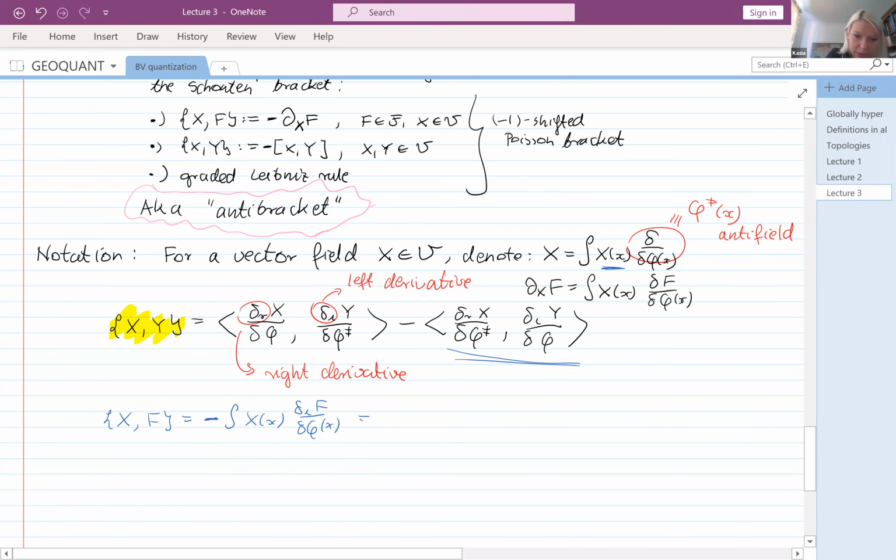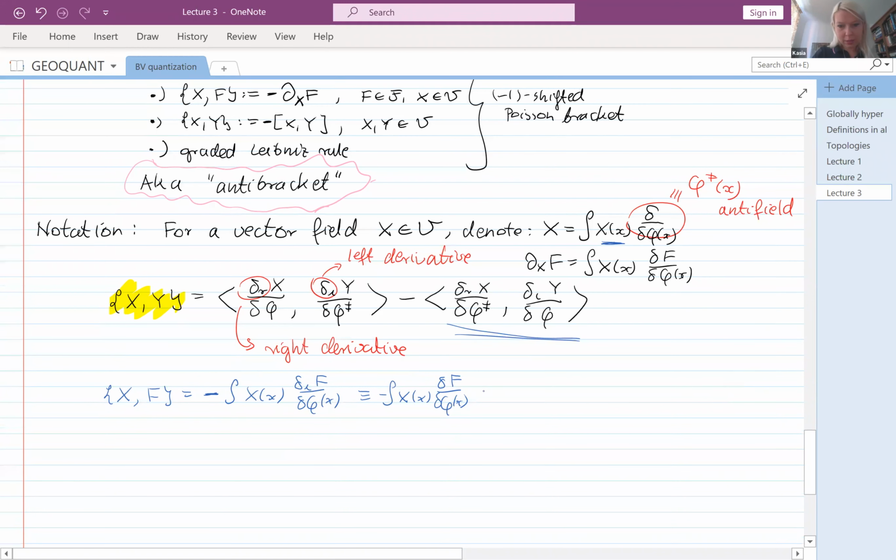So this is just the same as X of x df over dphi. So this is then minus the action of the vector field on f. Apologies for messing up this convention.